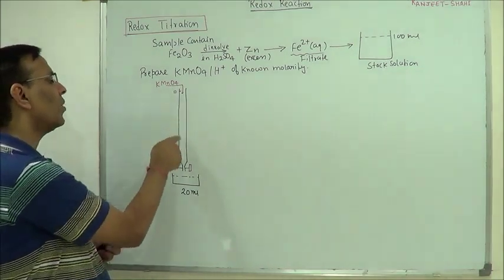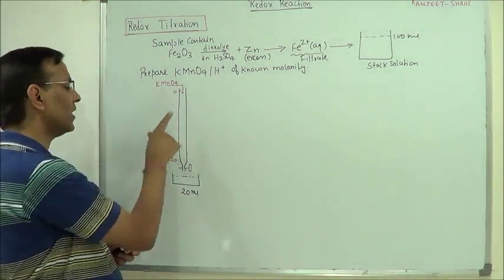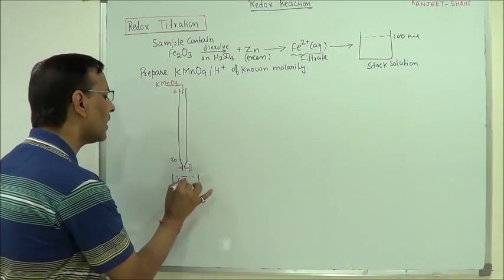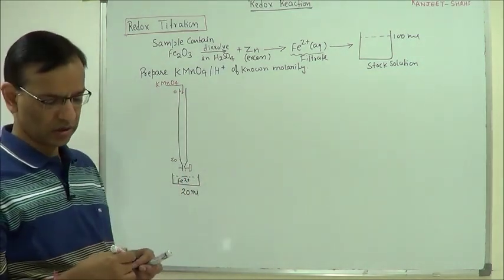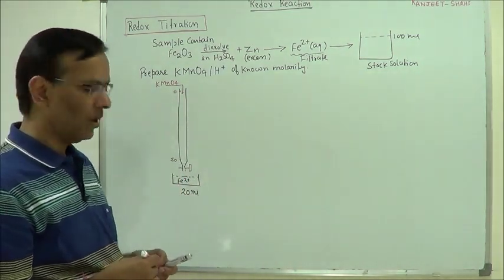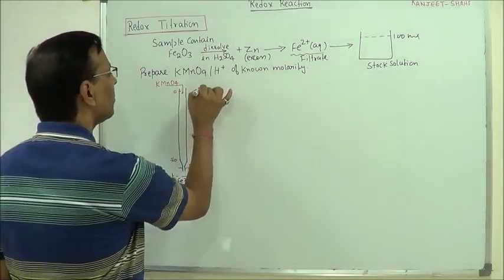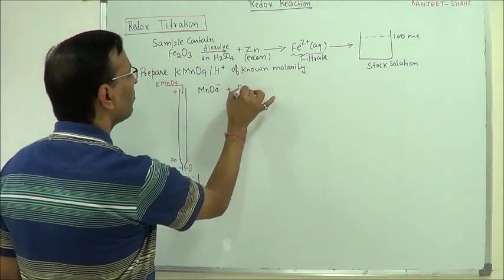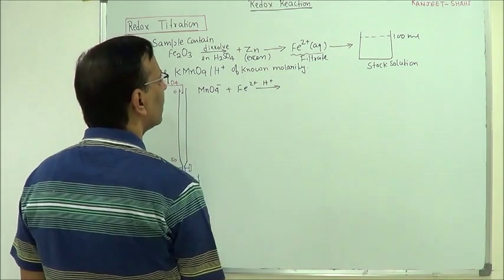As we start adding potassium permanganate from the burette, potassium permanganate is an oxidizing agent and the solution containing ferrous ion acts as a reducing agent. When we start adding potassium permanganate, the reaction between oxidizing agent KMnO4 and ferrous ion will start occurring since the medium is acidic.